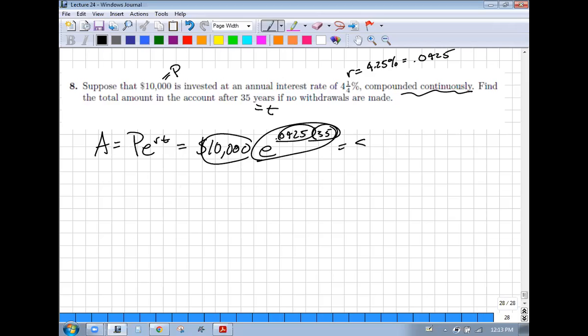There we go. We end up with $44,260.17. Which isn't bad. 10,000 bucks and now you got 44,000. It's only a 4.25% interest rate, but it is 35 years. That's a long time, right? 35 years to quadruple your money.